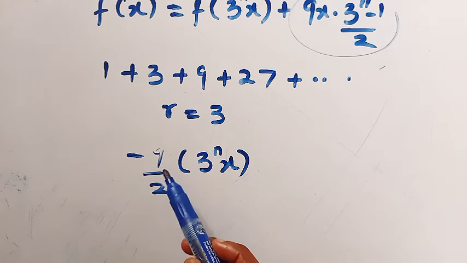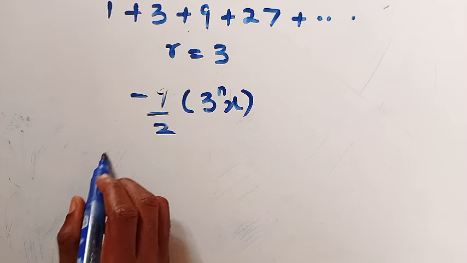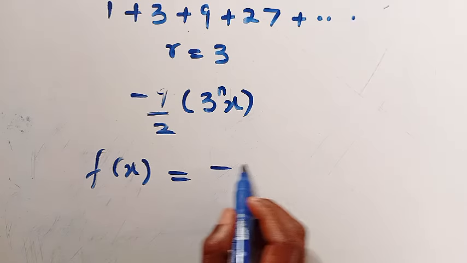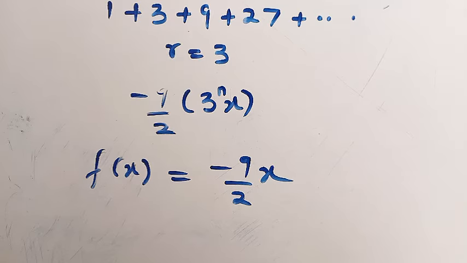Since we have considered this, f of x here is going to be minus 9 divided by 2 times x, plus c. So this c is a constant of this function.